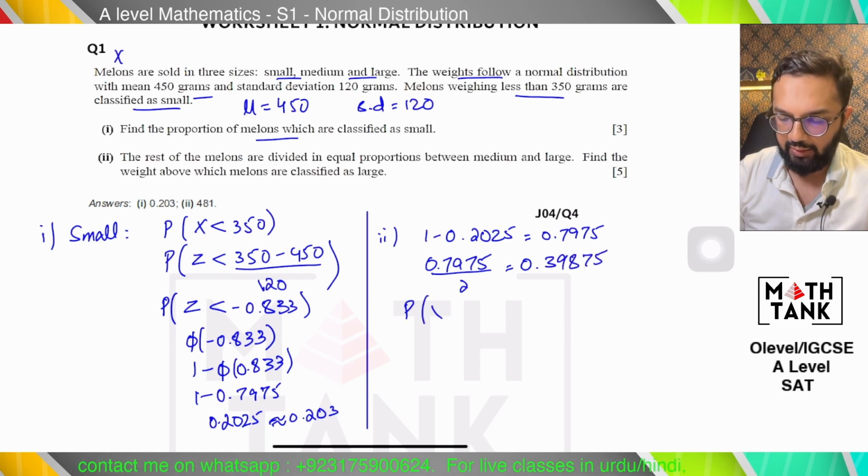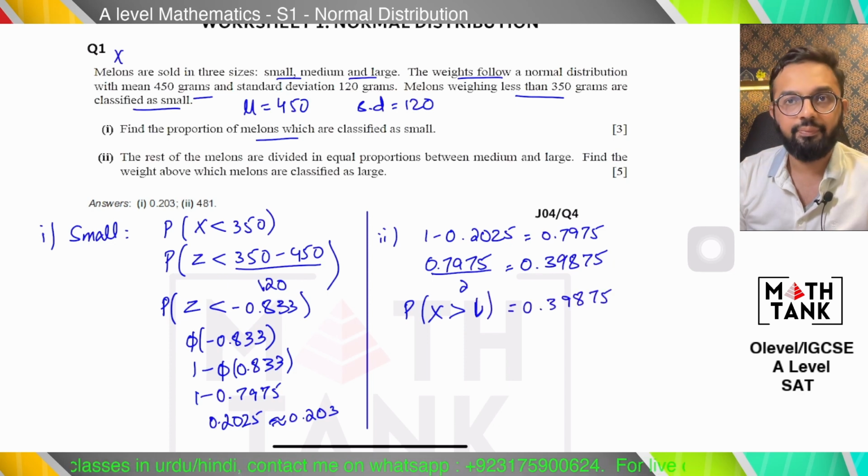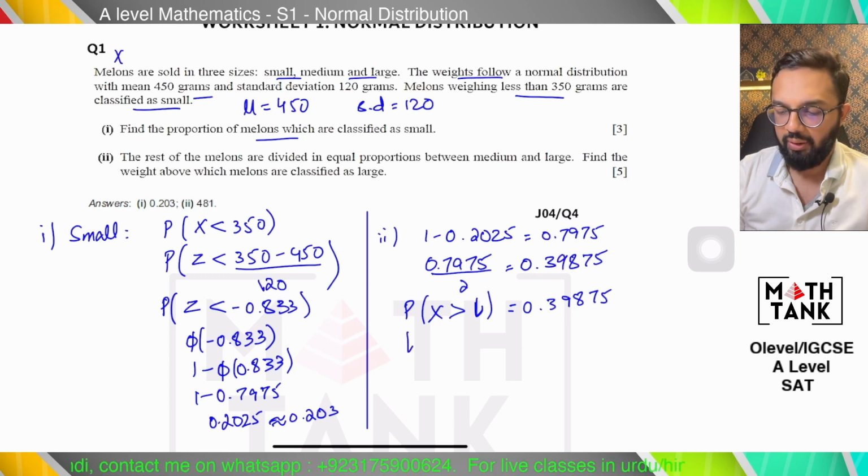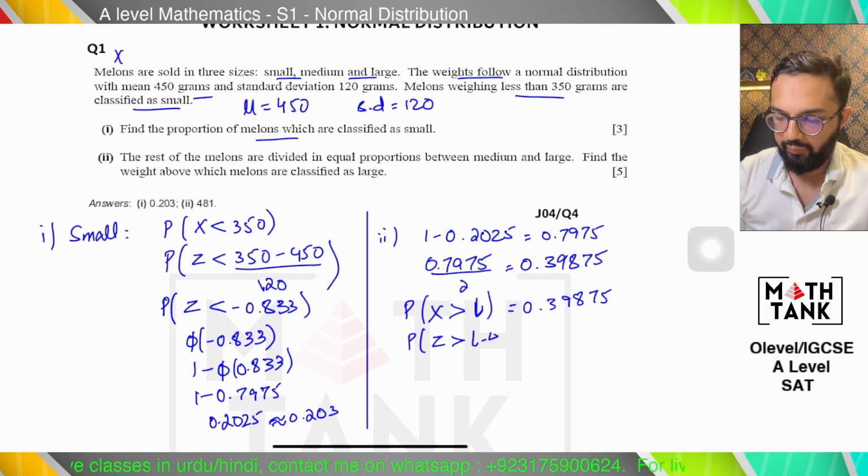So the probability of X greater than L is 0.39875. I'm going to again convert this to a normal distribution and say that Z is greater than L minus 450 divided by 120.